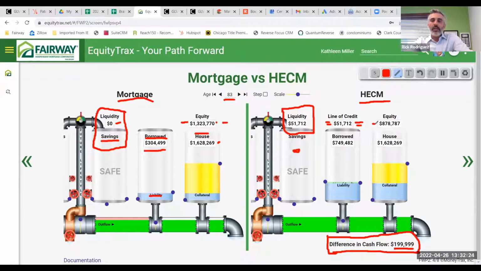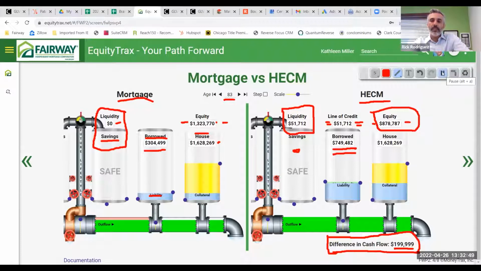Now, home equity is not as much because the mortgage balance, since they haven't made any payments, has gone up. So therefore, the equity is not as great. However, cash, liquidity, is what we're focusing on here in this example. So this is example number 1.